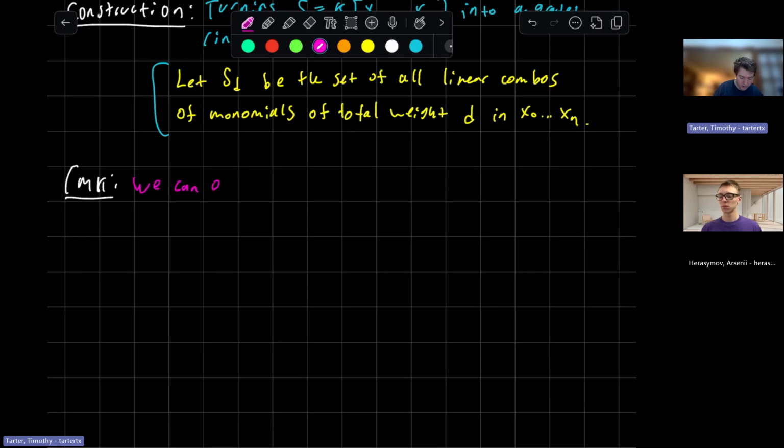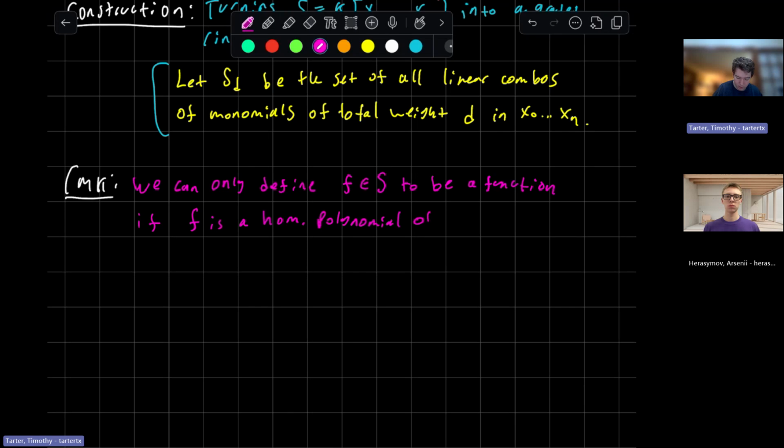We can only define f in S to be a function if f is a homogeneous polynomial of degree d.